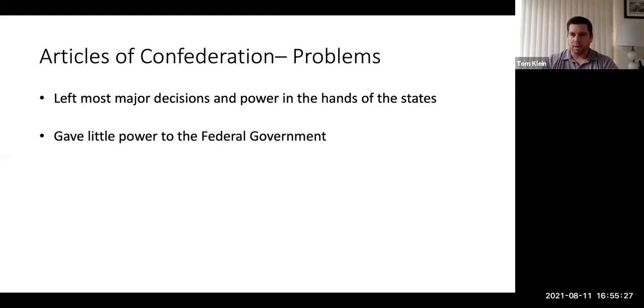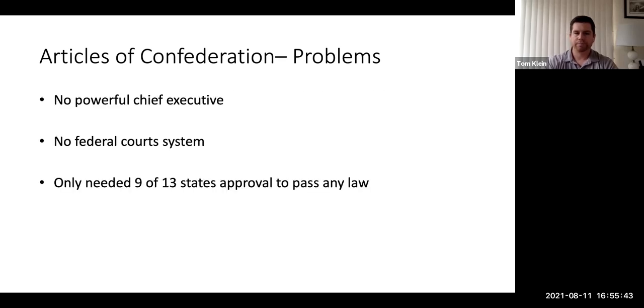Now, the biggest problem facing the Articles of Confederation was it left all power and most decision-making power in the hands of the states rather than the federal government. It created a system where states had all the power and the federal government had next to no power. Other problems: it created a government with no chief executive, so no really strong president, no strong federal court system.